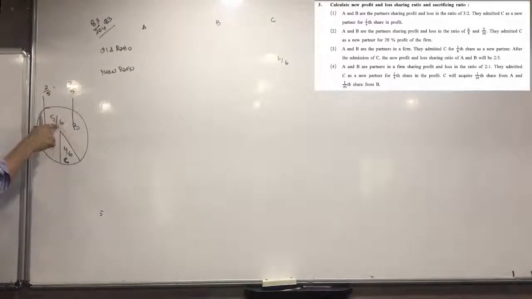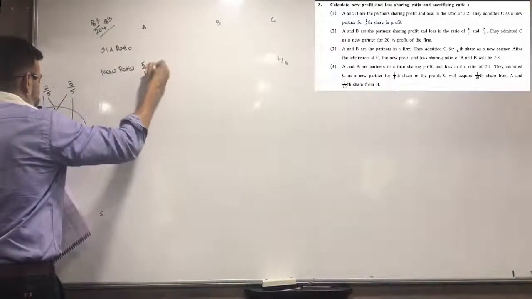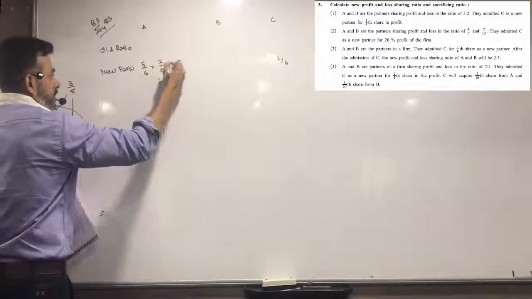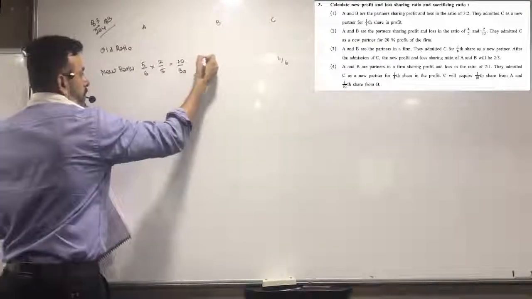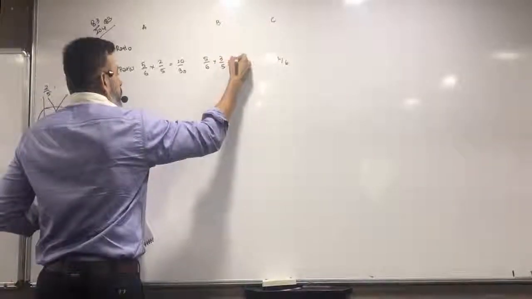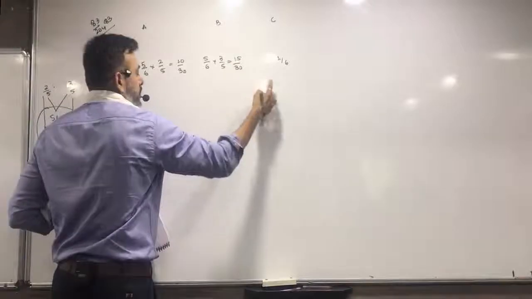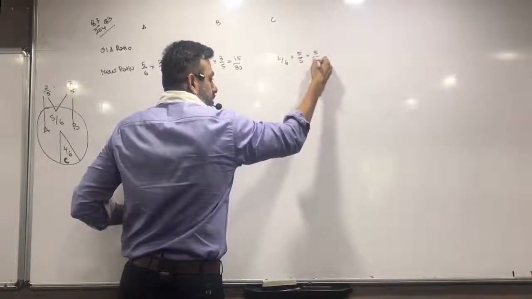So I multiply 5 by 6 into 2 by 5, and 5 by 6 into 3 by 5. Will we be able to find the new and the sacrifice? Okay. Now, new ratio. 5 by 6 into 2 by 5 is equal to 10 by 30. 5 by 6 into 3 by 5 is 15 by 30, and C is 5 by 30.